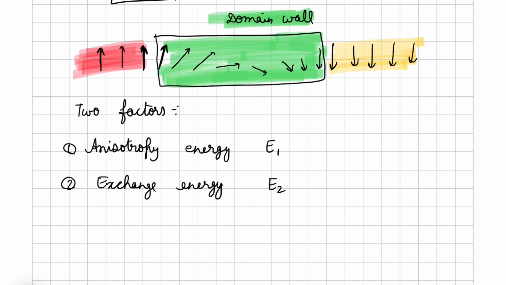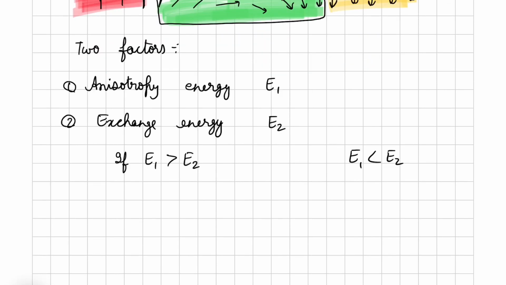All right. So we can have two scenarios: E1 is greater than E2 or E1 is smaller than E2. If anisotropy energy is large compared to the exchange, then the domain wall will be thinner.